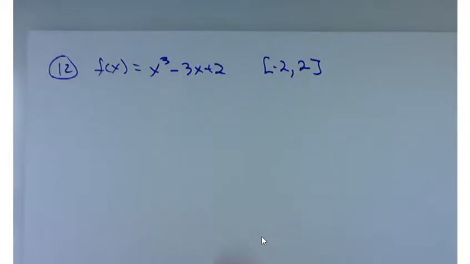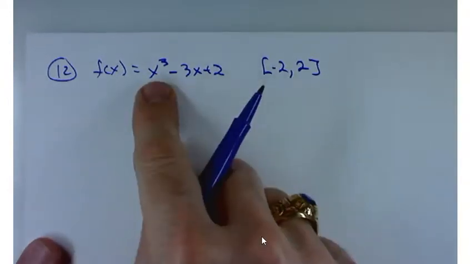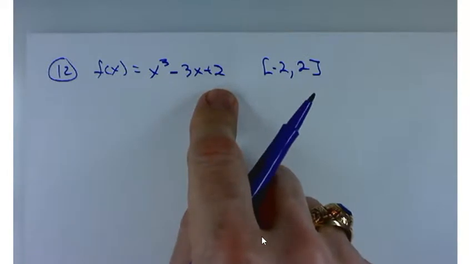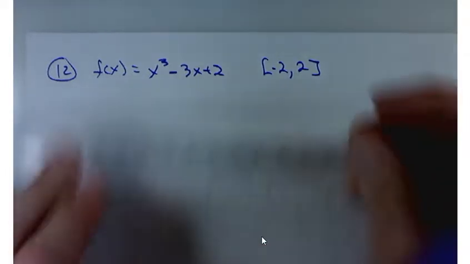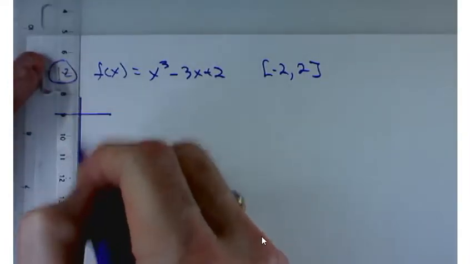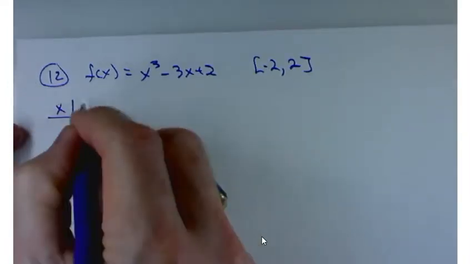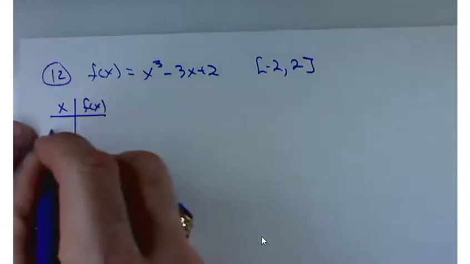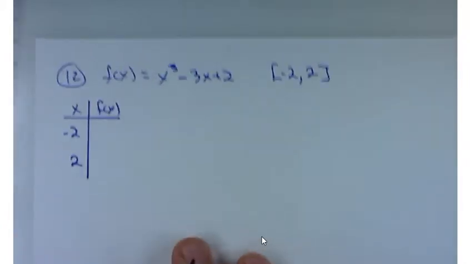Now, one of the things we're going to need is the slope of the secant line. So let's make ourselves a little t-table. X and f of x, -2 and 2.